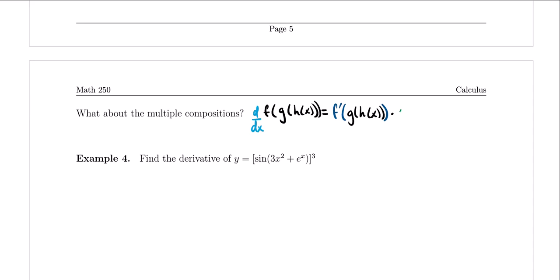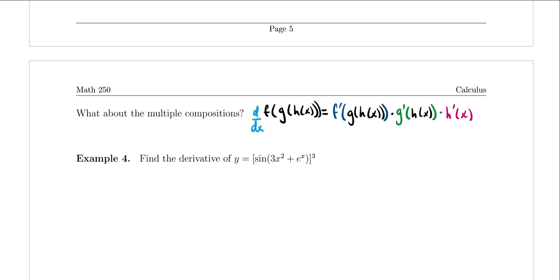Now it's going to be the derivative of g evaluated at the inside, which in this case is the h of x, times now the derivative of the inside, which is h prime of x. And there we go. This would have been the derivative for this triple composition. So let's go ahead and practice finding a derivative of a function made up of multiple compositions here.